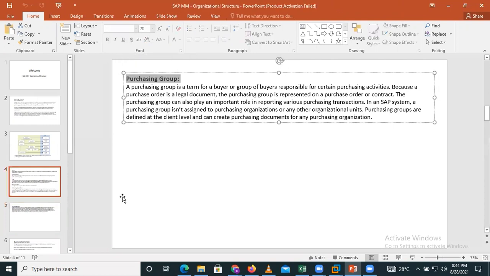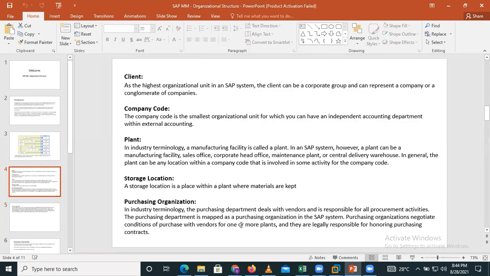So let's take an example. In my purchasing department, we have 20 people. For 10 people, I say, you can only procure for the South region. For the remaining 10 people, I say, you can only procure for the North region. So what we did is segregate the responsibility among groups of people.